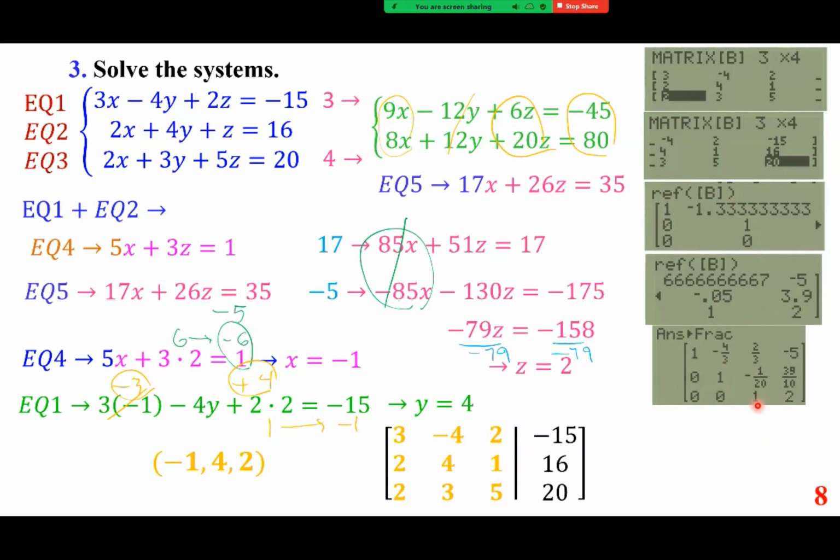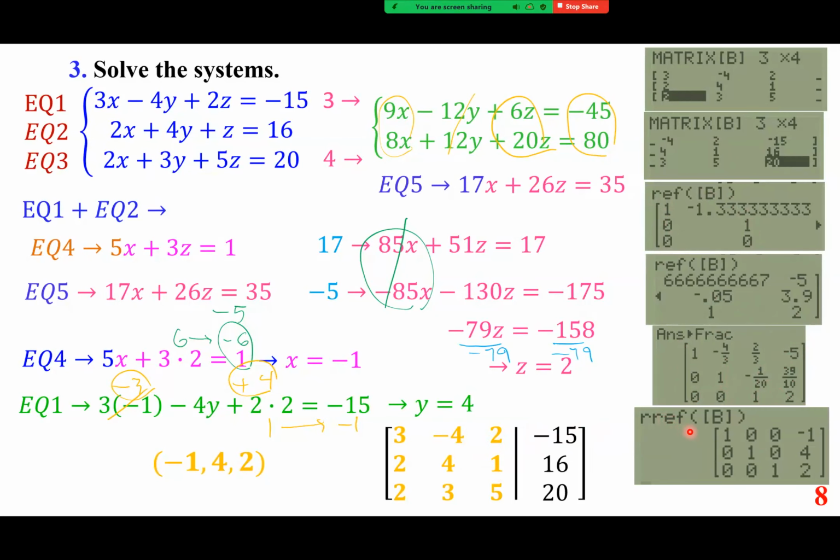1, 2, that means this last entry is Z equals 2. Then you do back substitution, you come up with the answer. However, if we do RREF, notice this again is the identity matrix of 3 by 3.